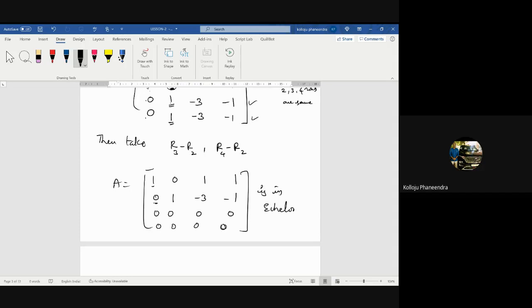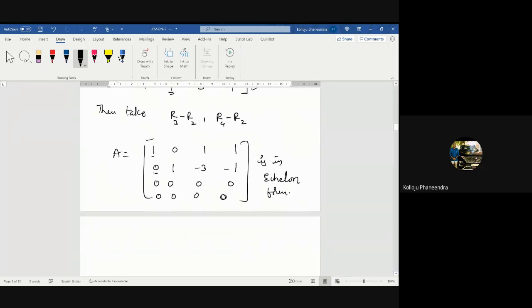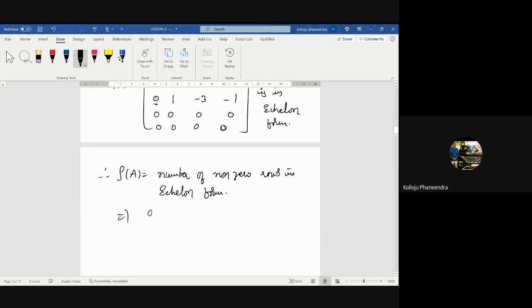Remember, we have to use only row operations. Therefore, the rank of the matrix is the number of non-zero rows in echelon form. Only 2 non-zero rows, right?